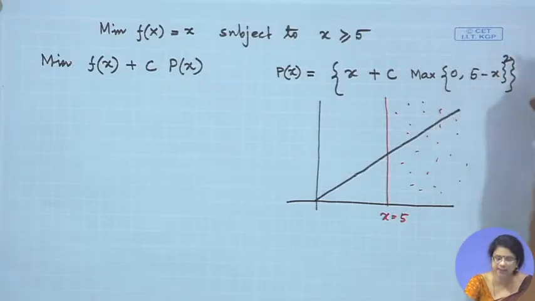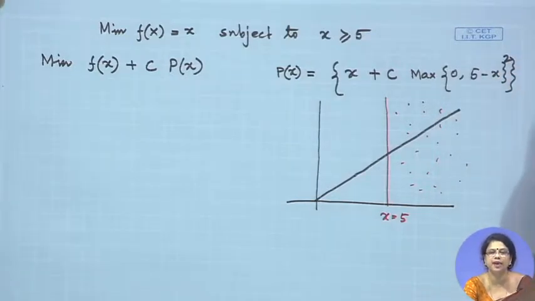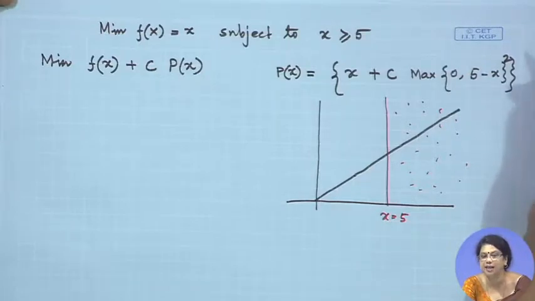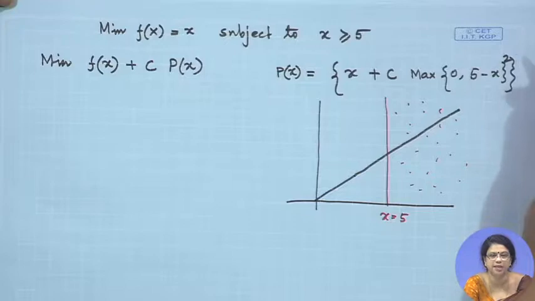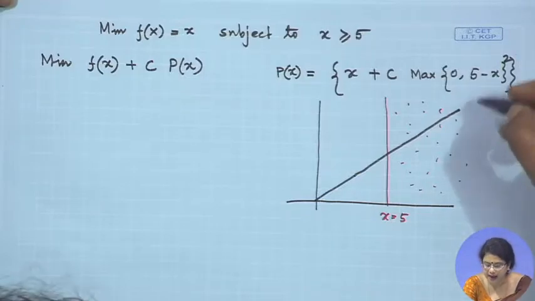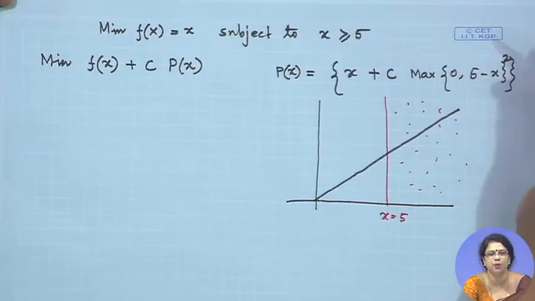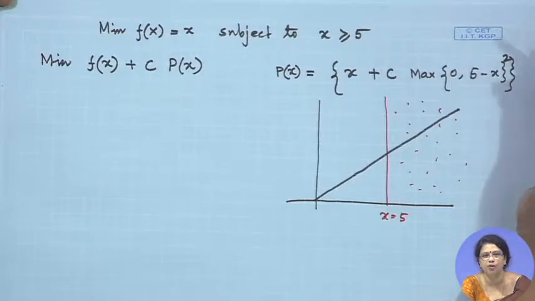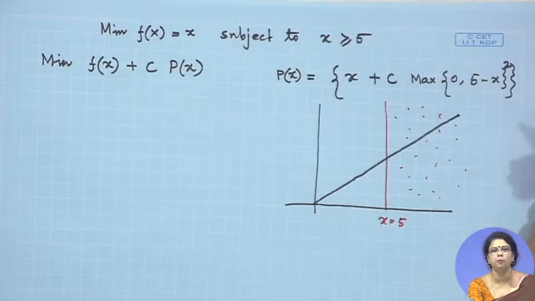If I consider the square, that means we are incurring more penalty for it. That is why we are incurring high cost for the situation where I am out of the feasible space than the previous situation. I can make this power square or 4 according to the need, how much penalty I want to consider.